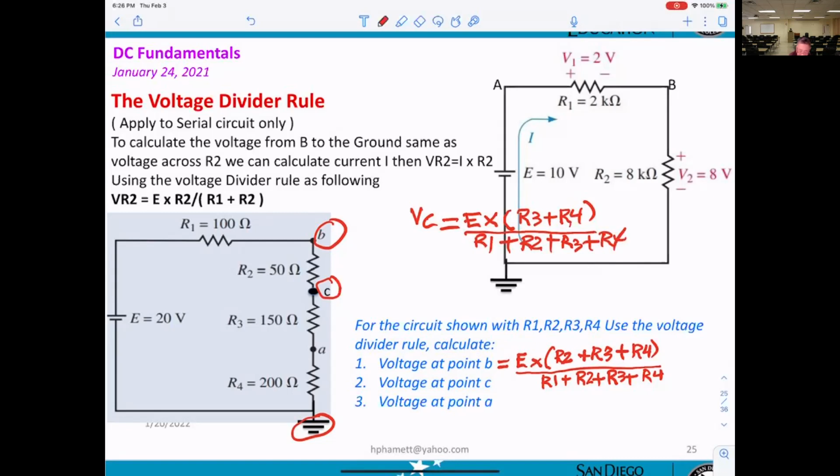And the last one will be VD right here. E times what? R4 divided by the total resistance. Perfect.